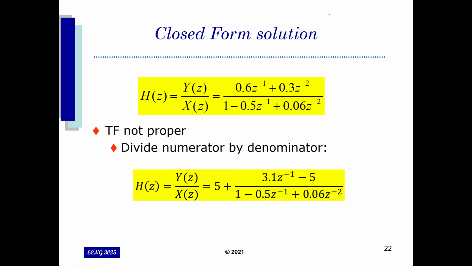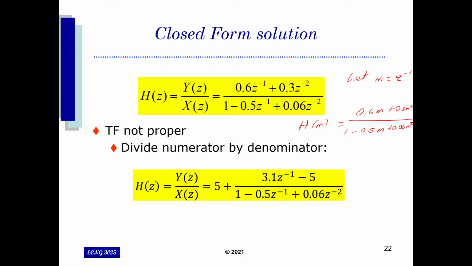This is the same thing if we say that m equals z to the minus 1. So that means h of m now becomes 0.6 m plus 0.3 m squared divided by 1 minus 0.5 m plus 0.6 m squared.